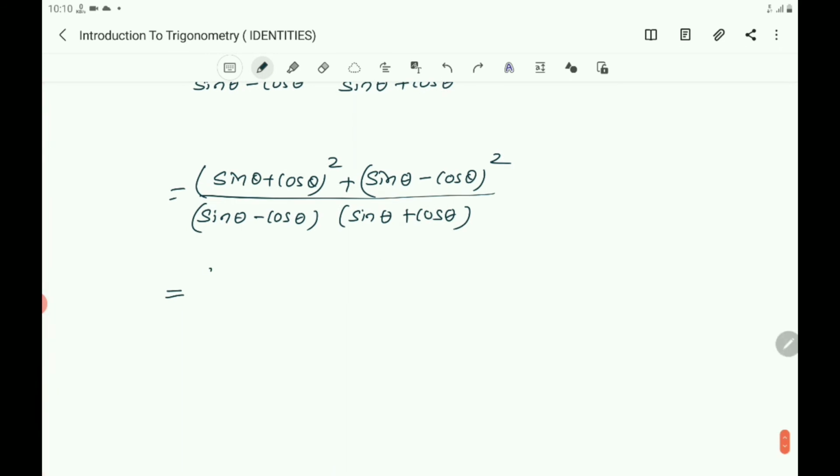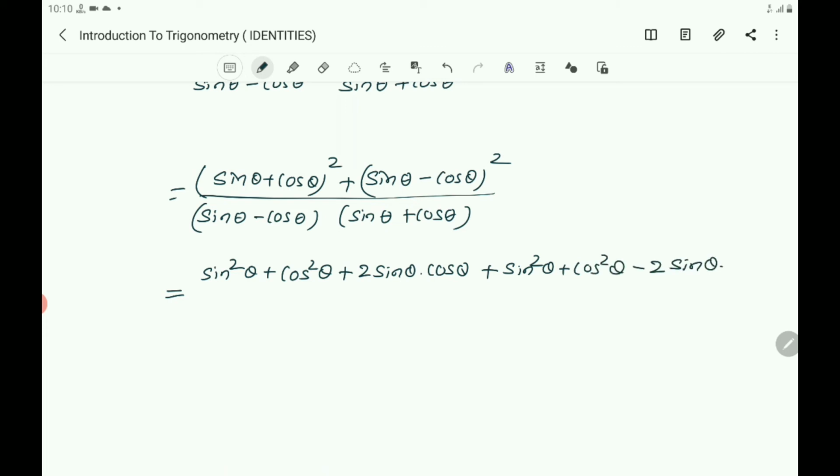So you write sin square theta plus cos square theta plus 2 sin theta into cos theta, plus again here a minus b the whole square, a square minus 2ab plus b square, that is sin square theta plus cos square theta minus 2 sin theta into cos theta. X minus y the whole square is x square plus y square minus 2xy. So here you got sin square plus cos square minus 2 sin into cos.